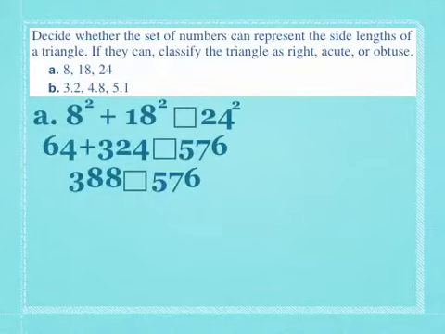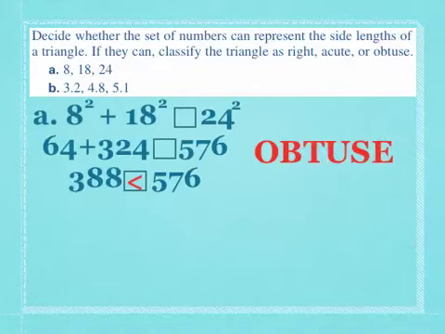When you're comparing these two numbers, we would say that 576 is greater than 388, or 388 is less than 576. Because the 576 was just the one side, the longest side, and it is greater than the sum of the squares of the two shorter sides, we could say that this triangle would be obtuse.